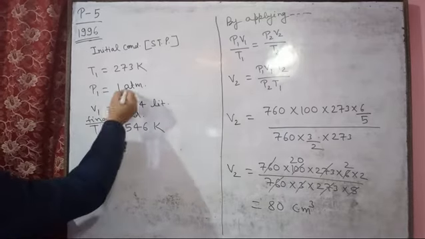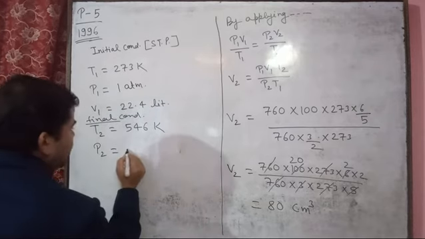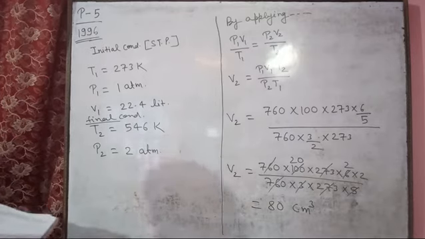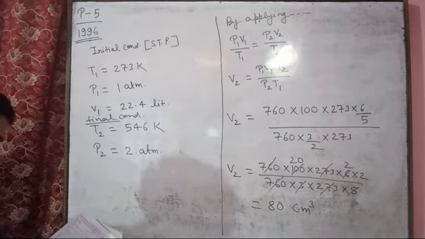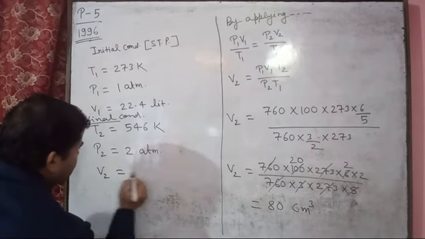The initial pressure is given as 1 atmosphere, so the final pressure will be 2 atmospheres. The question asks, what is the final volume of the gas? So we have to determine V2.